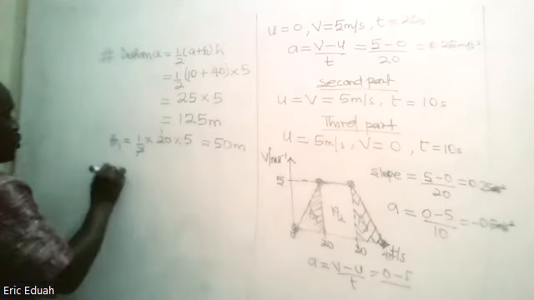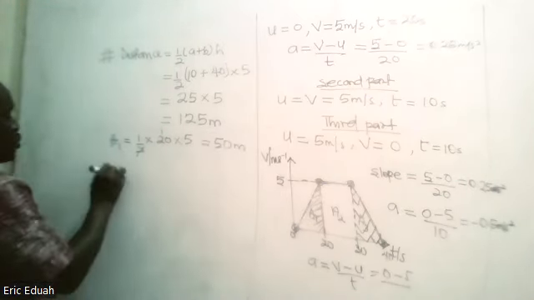Area 2, the length will be 10, the width is 5, another 50.